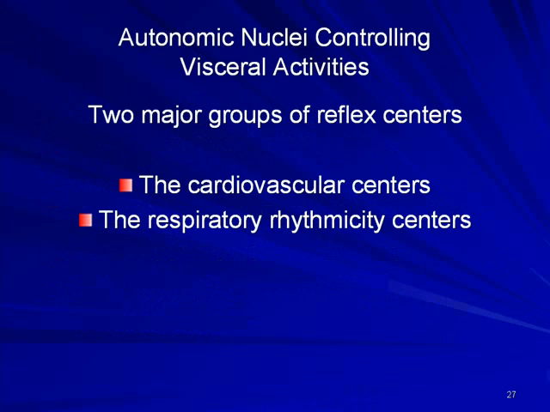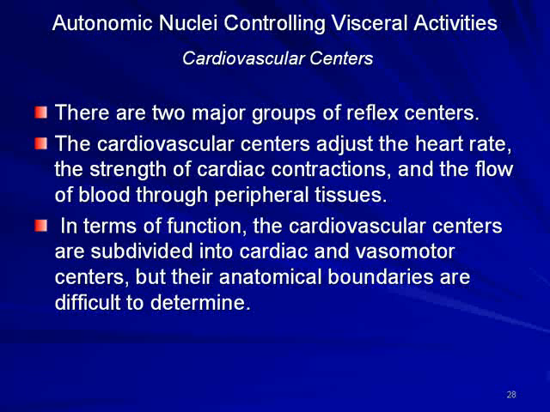The autonomic nuclei control visceral activities, in two major groups. There are reflex centers, the cardiovascular center, and then the respiratory rhythmicity center. Your book talks about reflexes to a degree.